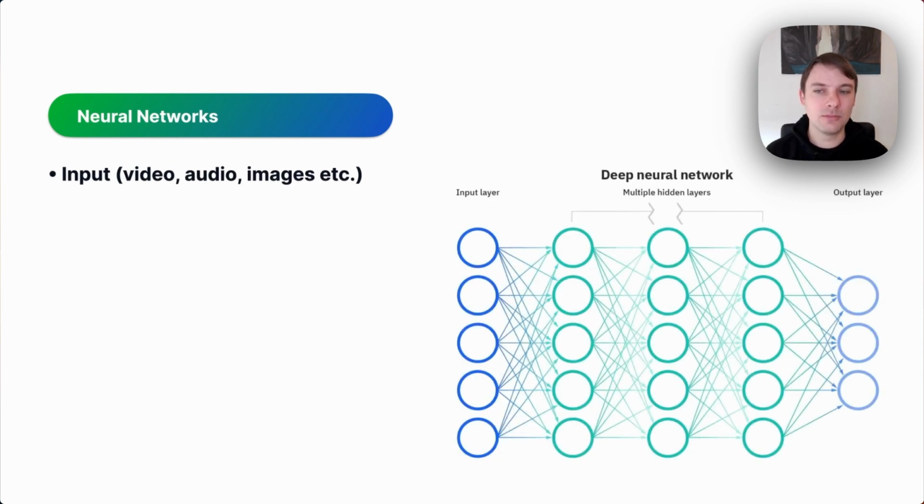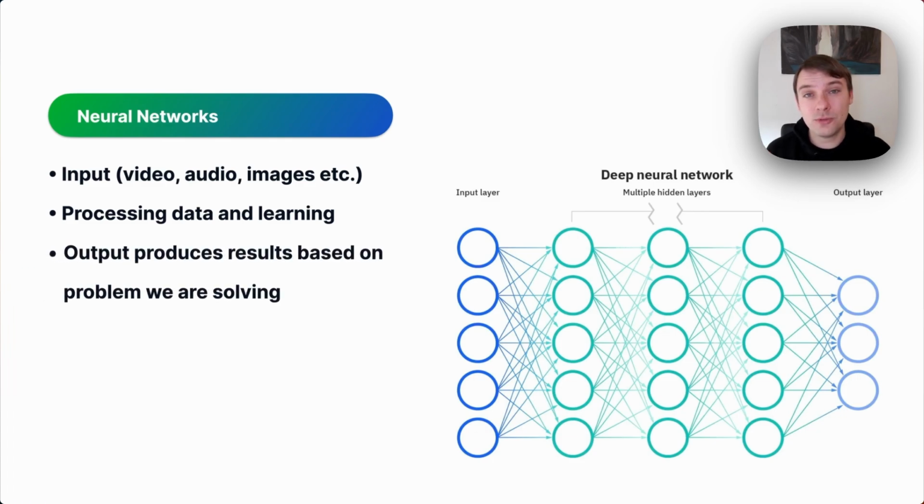So we have some input like audio, images, or text, and we process this data and learn from it. You can see here in the image this green part, the multiple hidden layers. This is basically the processing part, which processes our data, either images or audio or video, and then we get the results in the end.